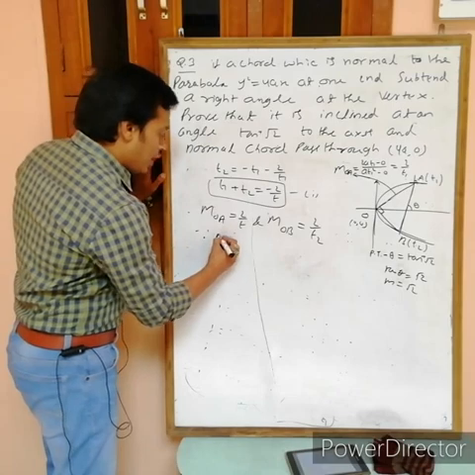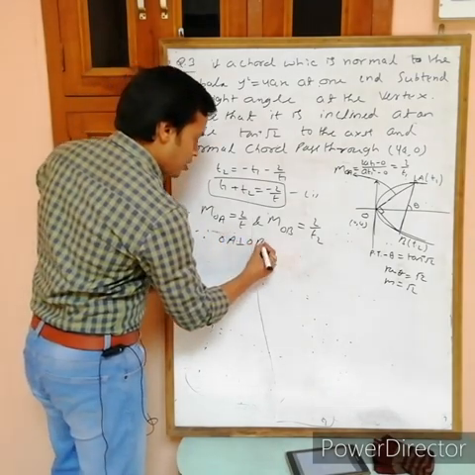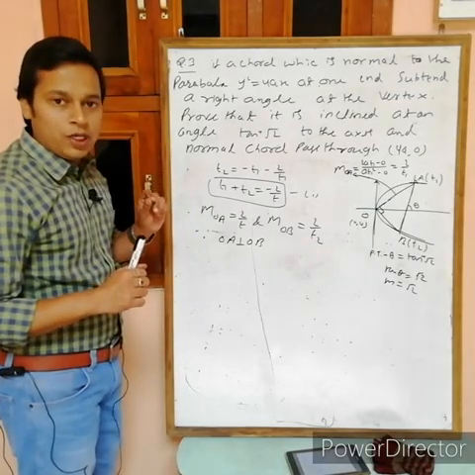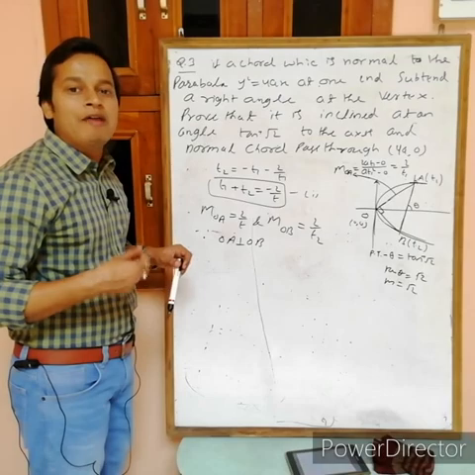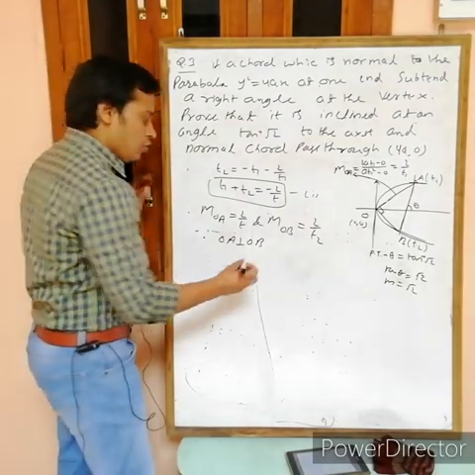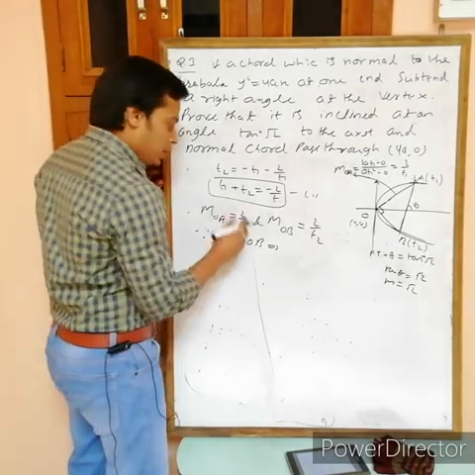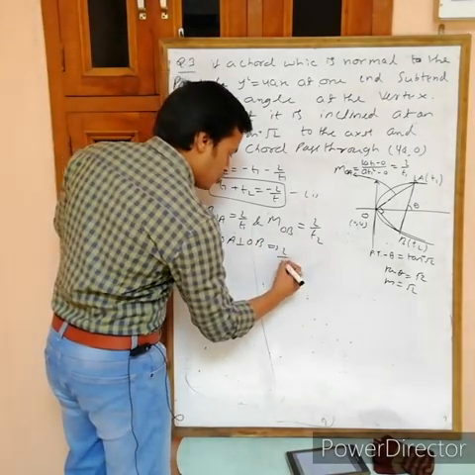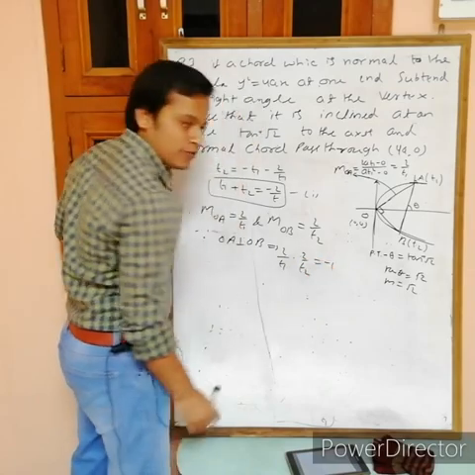Now we know that OA is perpendicular to OB. If two lines are perpendicular, then the condition of perpendicularity is m1 m2 equals minus 1. Therefore m1 into m2, 2 by t1 into 2 by t2, must equal minus 1.